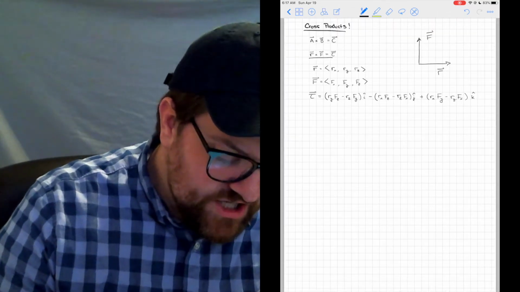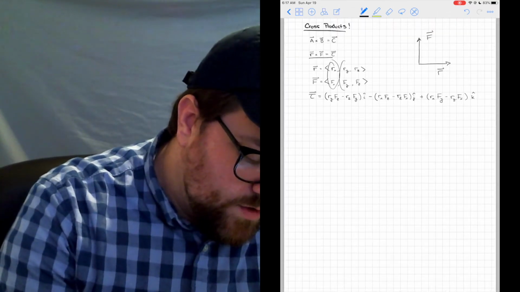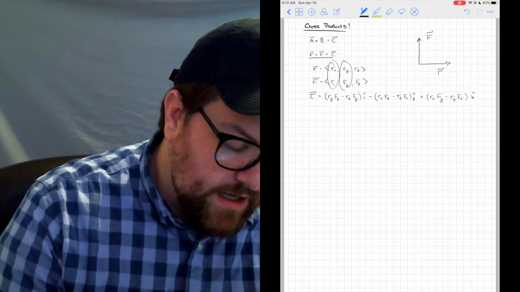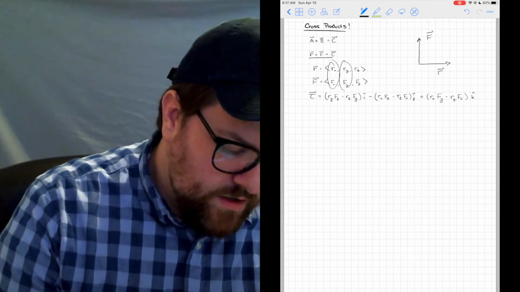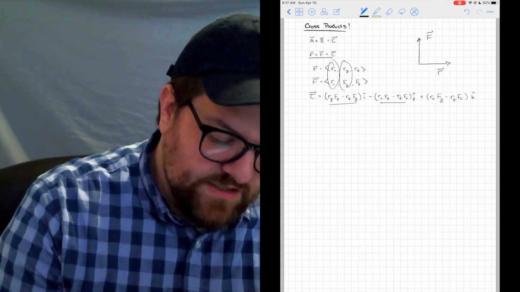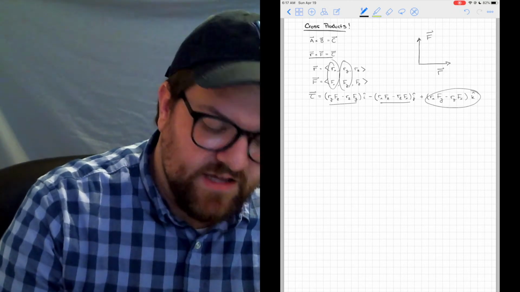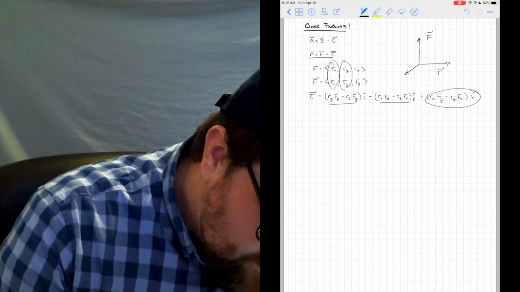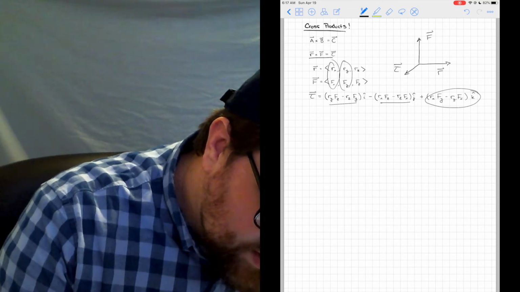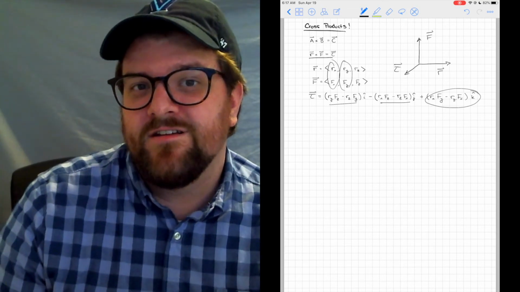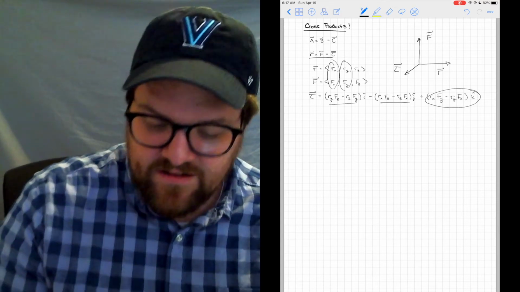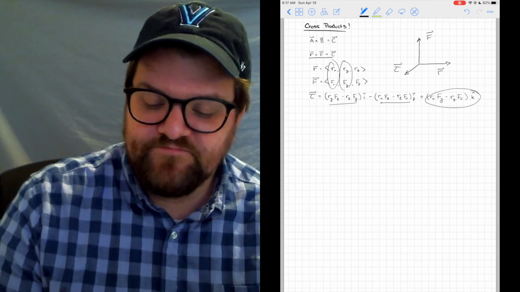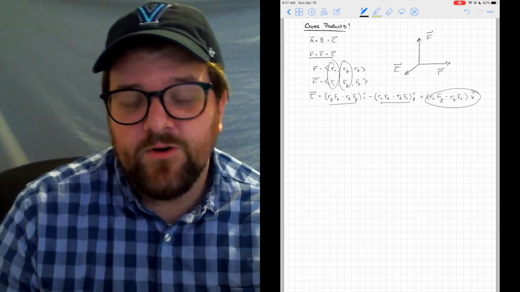If I think about just x and y vectors, no z's, well, that means that all of this is 0, all of this is 0, and I'm just left with z for my torque, which means my torque actually pops out in the 3rd dimension. So it is inherently 3-dimensional. There's nothing we can do about that.